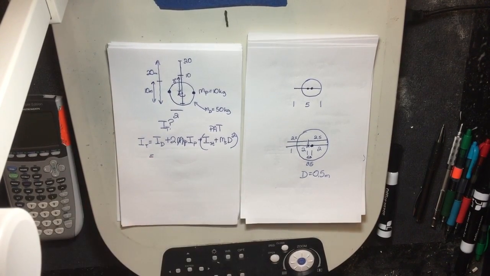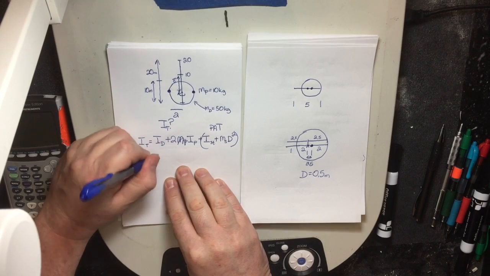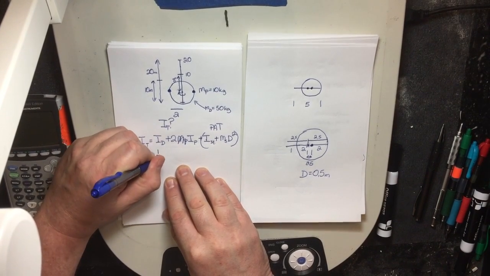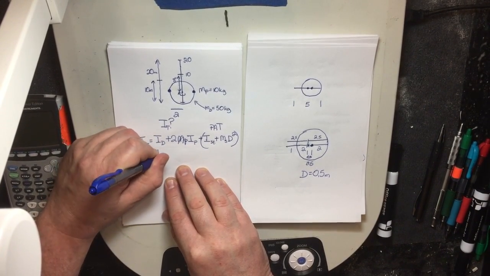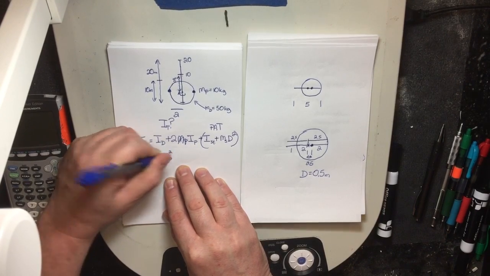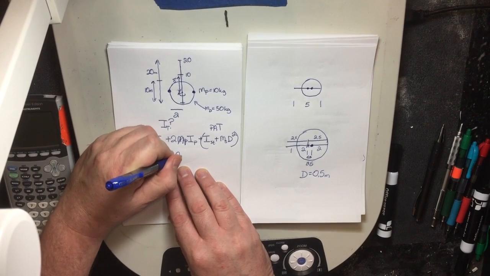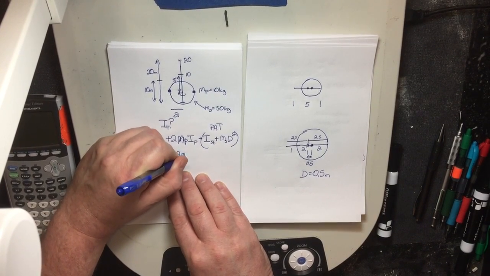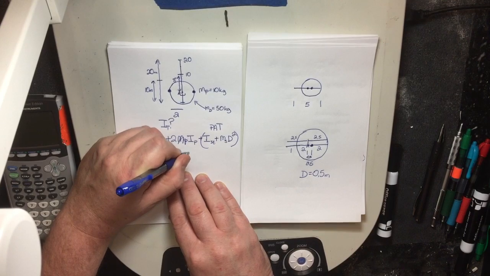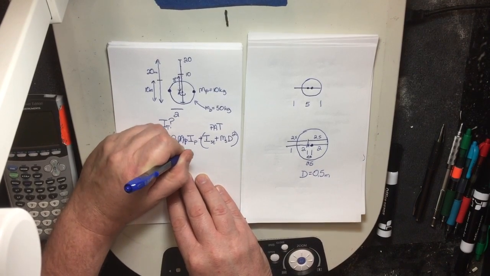Now, like the masses, if you got 2 5-kilogram masses, how much mass do you have? 5 plus 5 is 10. Add them together. Moments of inertia, you just add them. Moment of inertia of the disk, 1/2 m disk r disk squared, plus 2 times the point particle moment of inertia, mass of the point times radius of the disk squared.